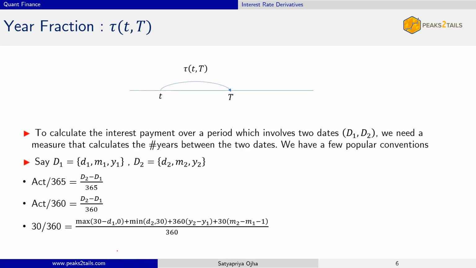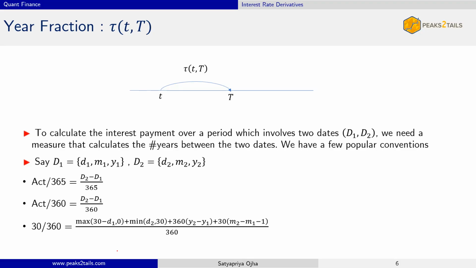The next idea is year fraction. Remember what I said, all interest rates are quoted on a per annum basis. Now, obviously, your length of period would be different. Sometimes you're talking about 6 months, 1 year, 2 years, a quarter, even sometimes overnight, right?